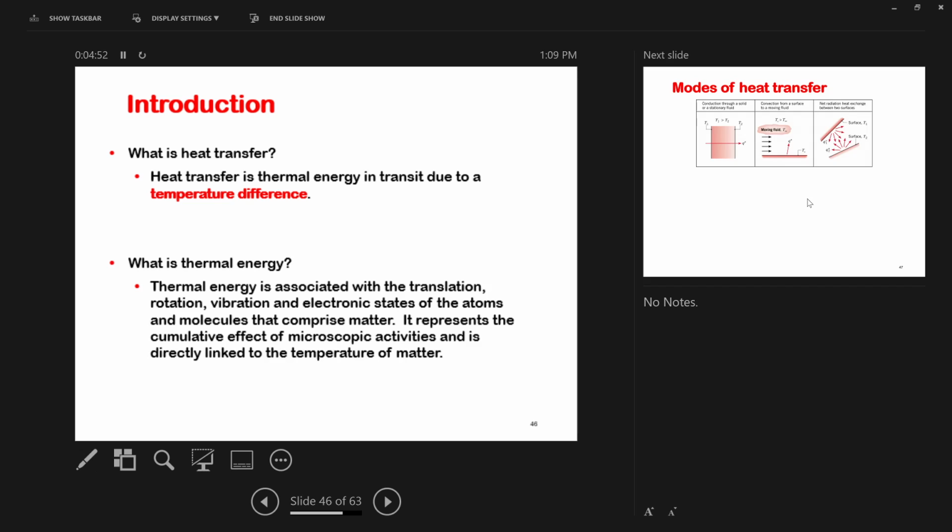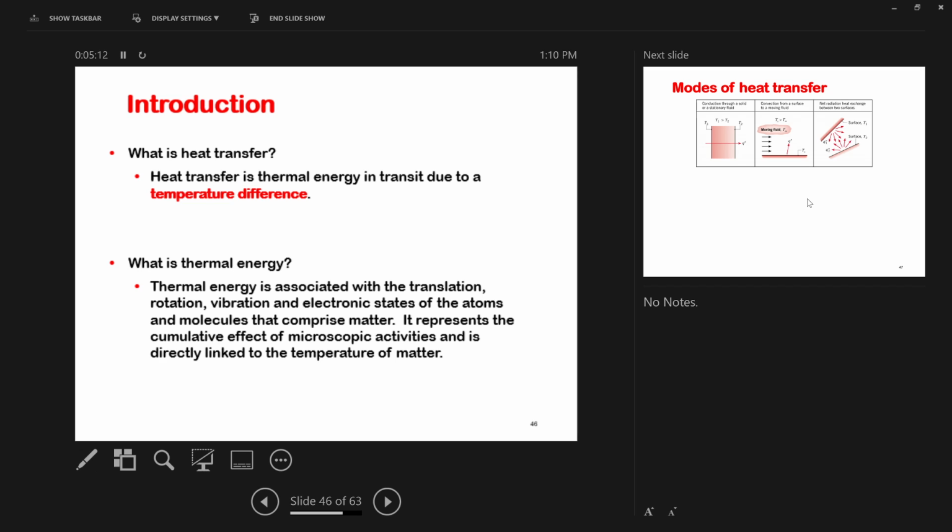The next thing we want to understand the meaning of is thermal energy. Thermal energy is associated with the translation, rotation, vibration, and the electronic state of the atoms and molecules.